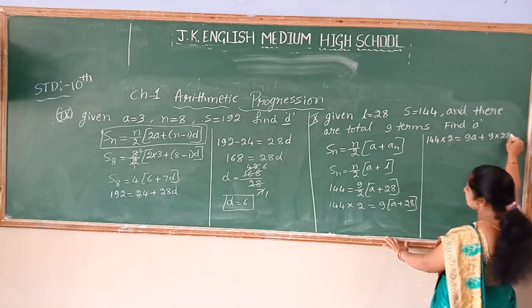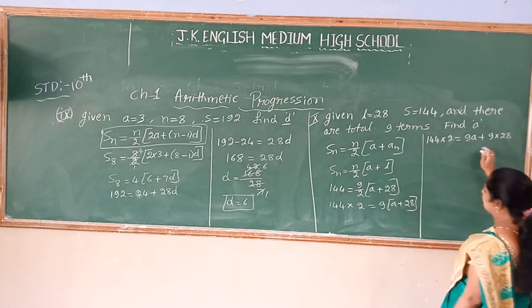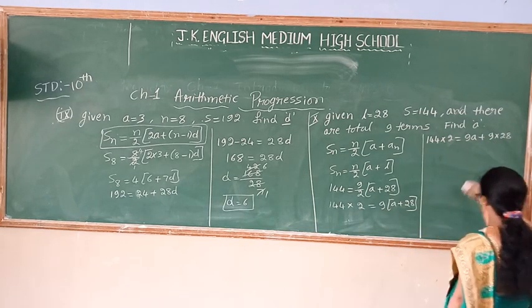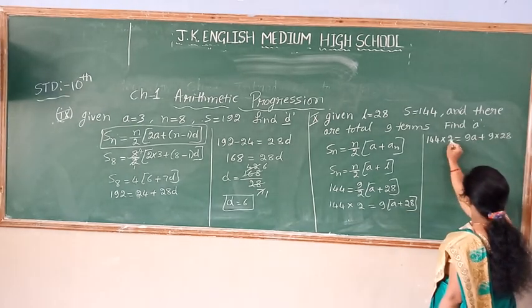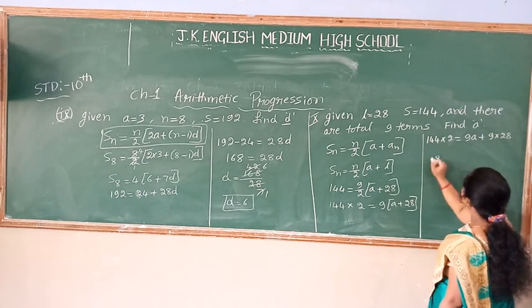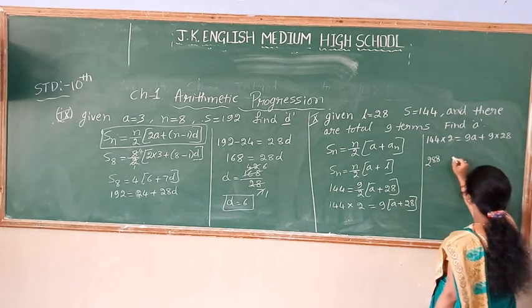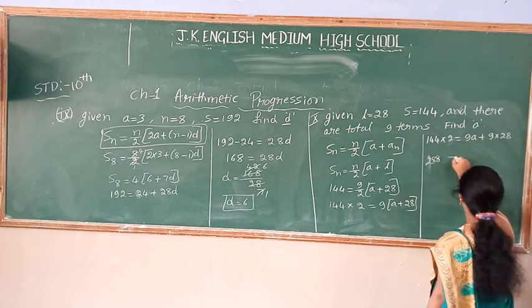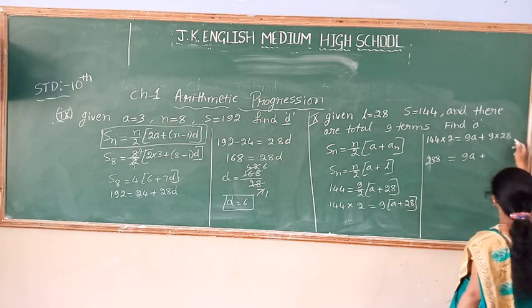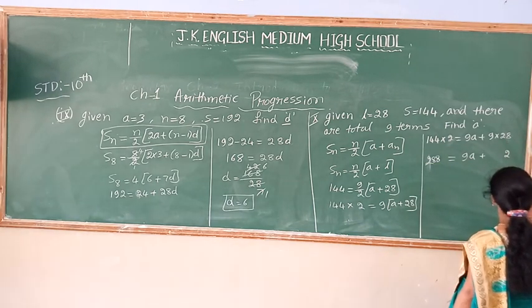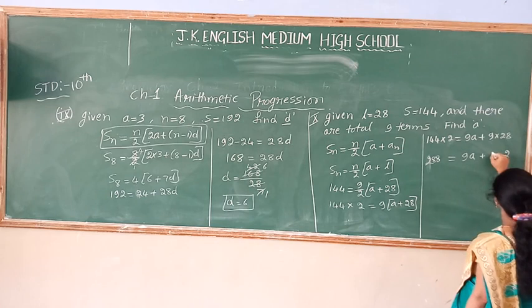Instead of multiplying, I have written 9 into 28. Keep 9a as it is here and take this side over. 2 fours are 8, 2 fours are 8, 2 ones are 2. So it becomes 288. 9 eights are 72, 7 remains, 9 twos are 18 plus 7 is 25.